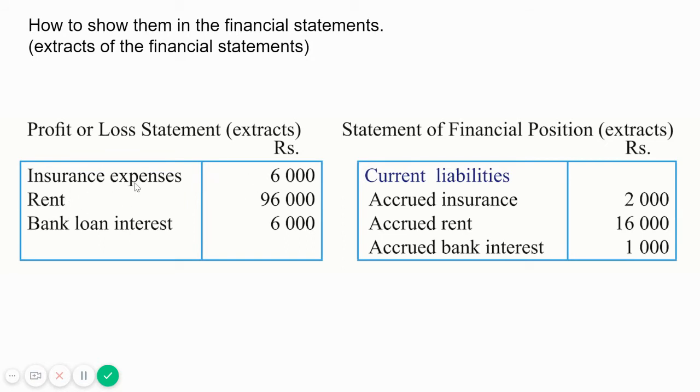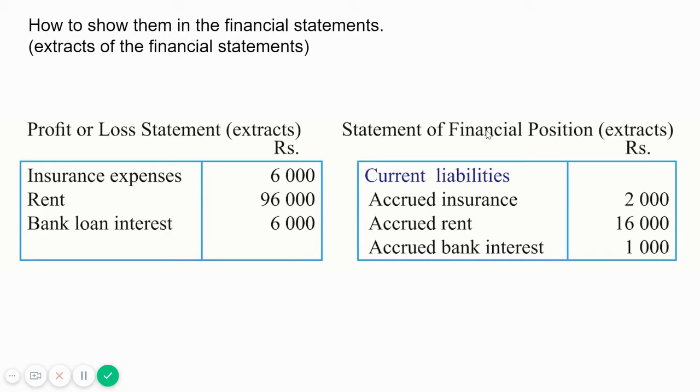So they have shown the full amount under expenses in the profit or loss statement. Then the rent relevant for the period will be 96,000. And the bank loan interest relevant for the period will be 6,000. So these are the full amounts, the amounts relevant for the period.